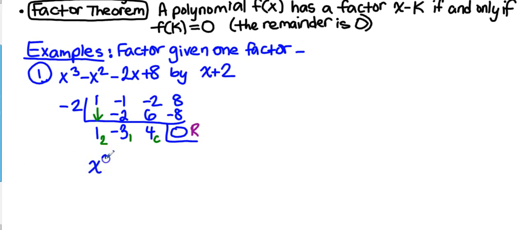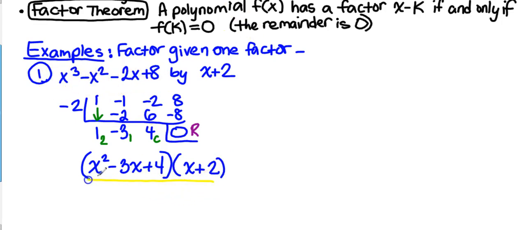So that's x squared minus 3x plus 4 is the result. And then in terms of rewriting, I still have my original factor, x plus 2. So if I multiply this all together, I would end up back at my original cubic polynomial.